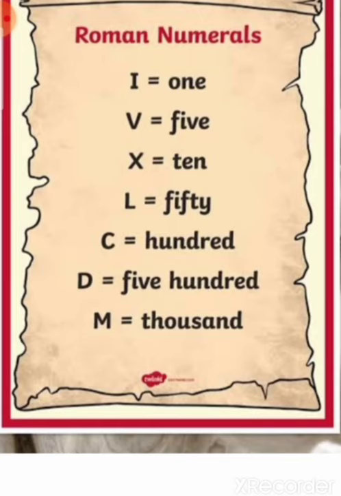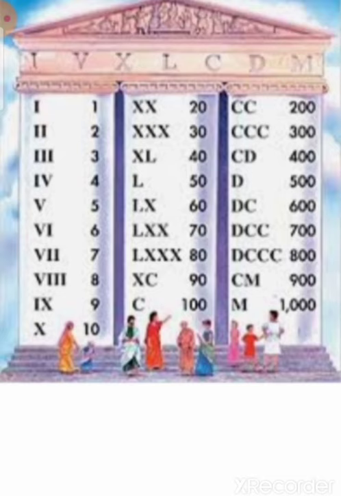This is also in the spelling form, that you can say the number form: I is 1, V is 5, X is 10, L is 50, C is 100, D is 500 and M is 1000.